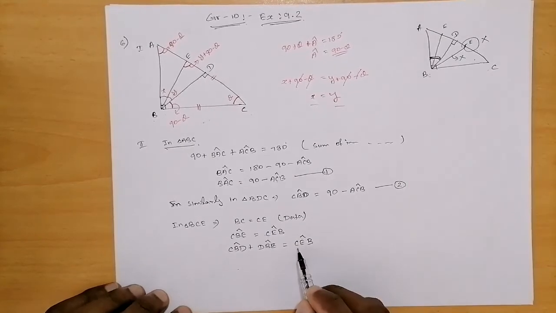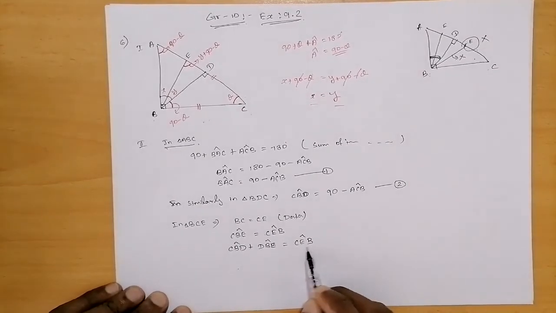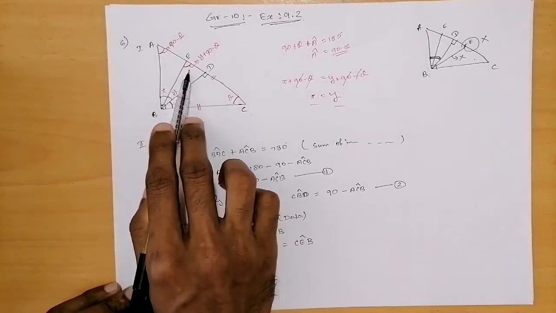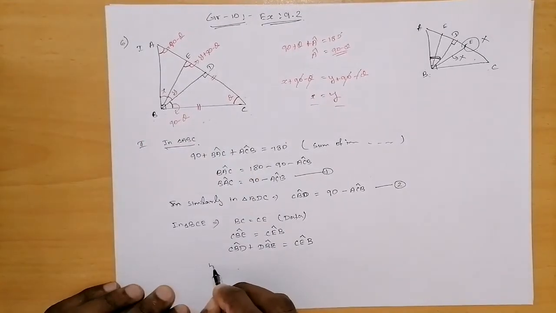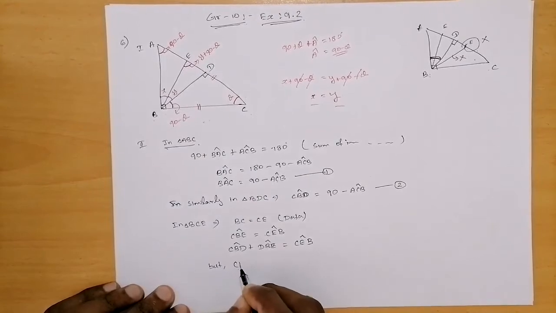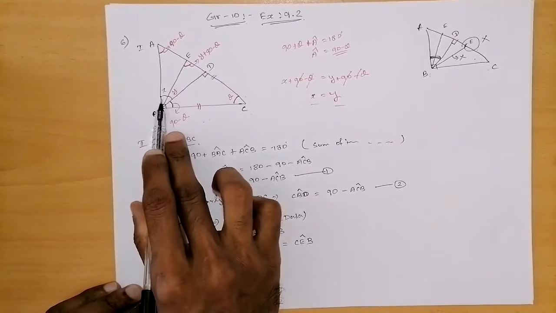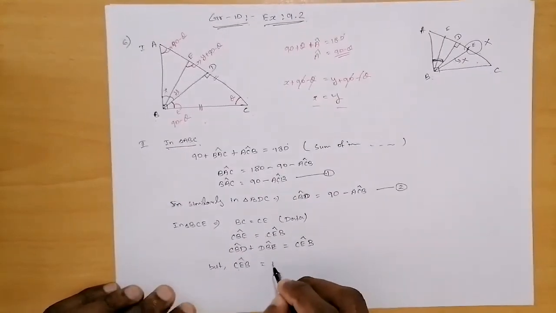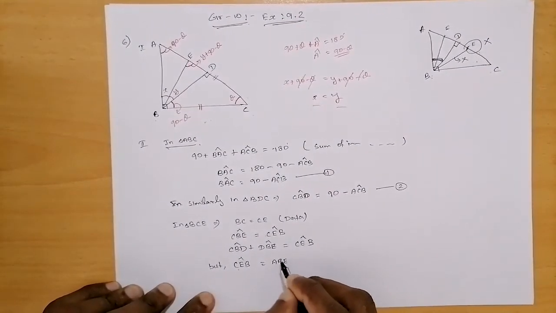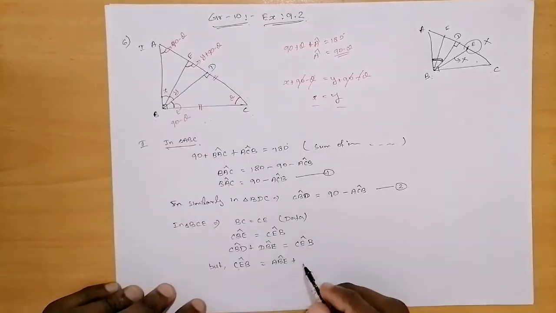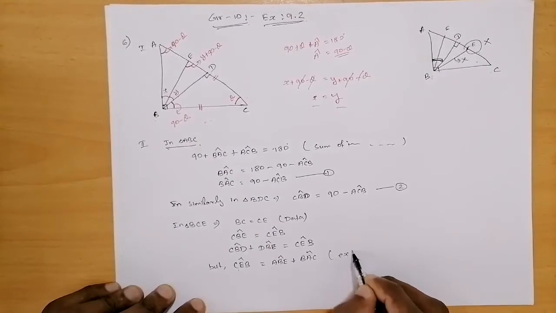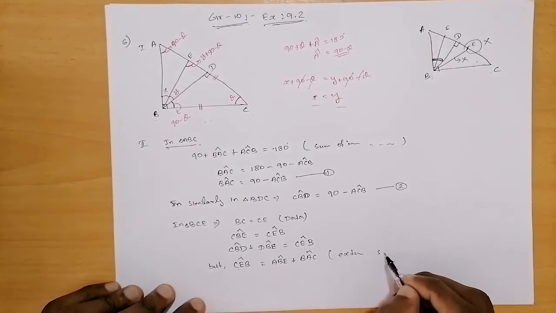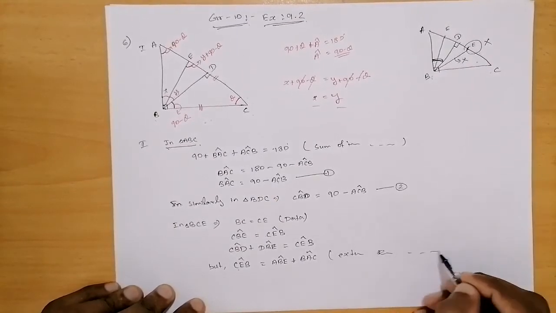Okay, if you consider angle CEB, CEB is the exterior angle. CEB is equal to the other angle X, ABE, plus BAC. Exterior angle equals the sum of the two interior opposite angles.